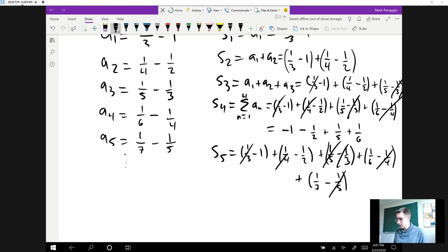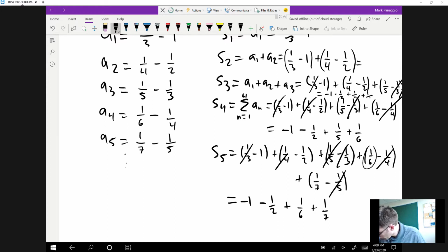And so we see that there is this pattern of cancellation. It's not quite so nice as the previous one, but there is a clear pattern if you write what you have left. We have -1 minus 1/2, so that's exactly the same. But what things have not canceled? We have 1/6 and 1/7. And if you look at S3, we had -1 minus 1/2 plus 1/4 plus 1/5.